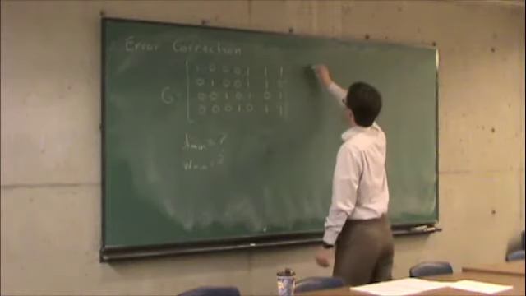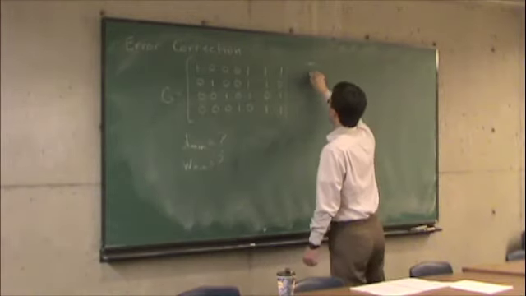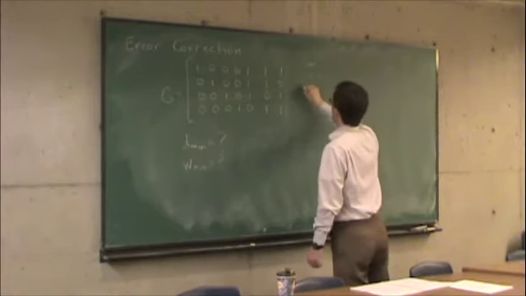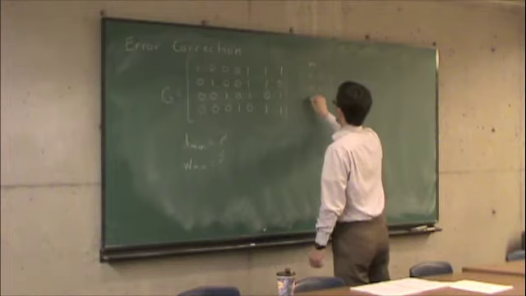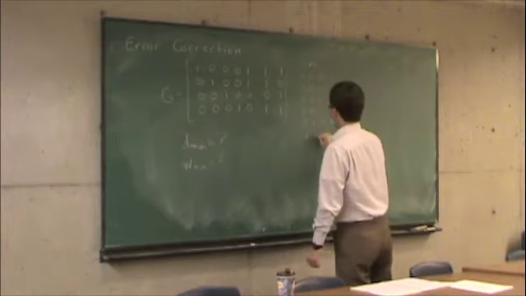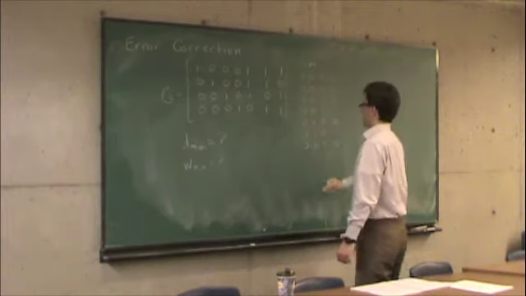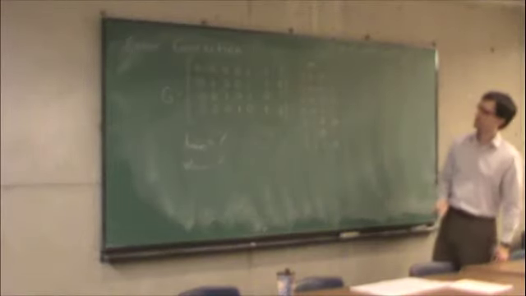So I'm going to put M here and C over here. So there's 16 messages: 0, 0, 0, 0, then 0, 0, 0, 1, then 0, 0, 1, 0, then 0, 0, 1, 1, and so on. This will be enough to make my point.